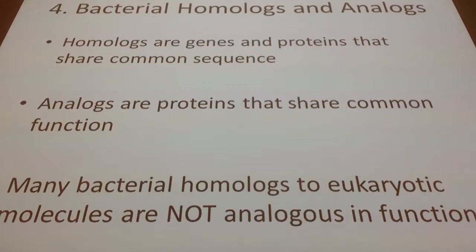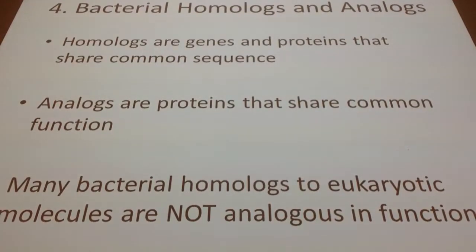People in ecology, in Bio 1, you probably learned this, that for instance, the wings of butterflies and birds are analogs. They both are used for flying, but the structures are different. The structure of a butterfly wing is completely different from how a bird wing is formed. So even though they have the same function, they have different structures. So that's analog.